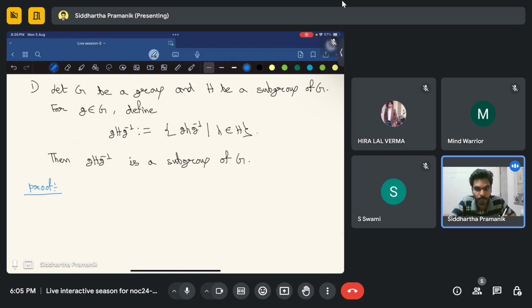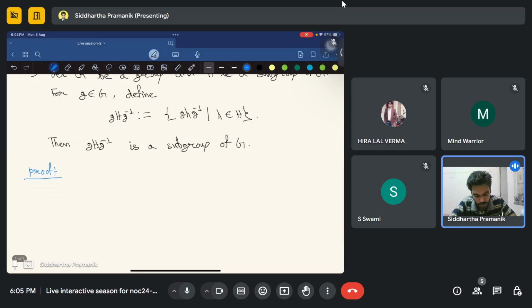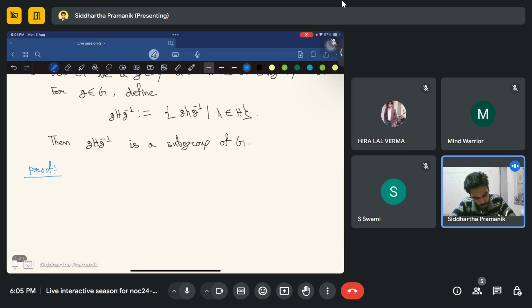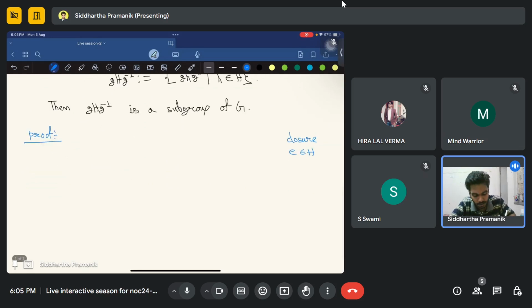To prove a subgroup, we need to check three properties, right? The first one is closure. The second one is that the identity element of the group must belong to the set. And the third one is that the inverse of every element should belong to that set.